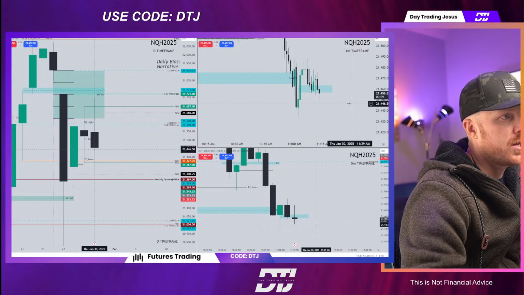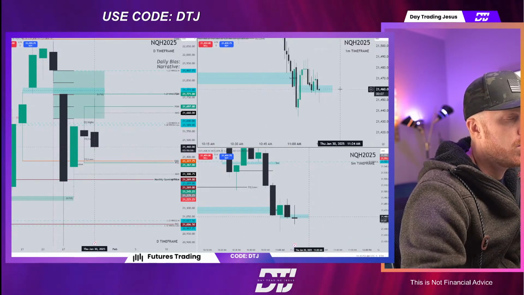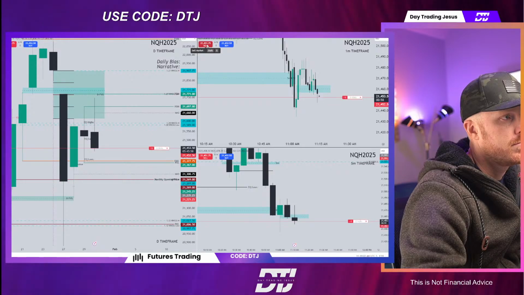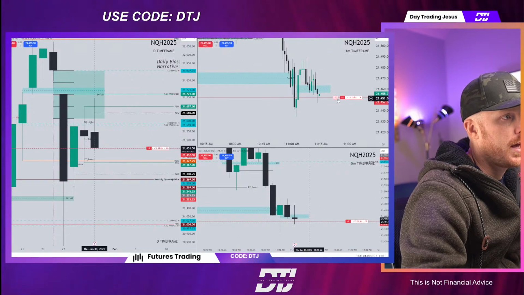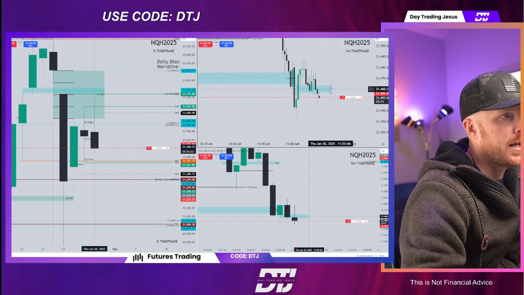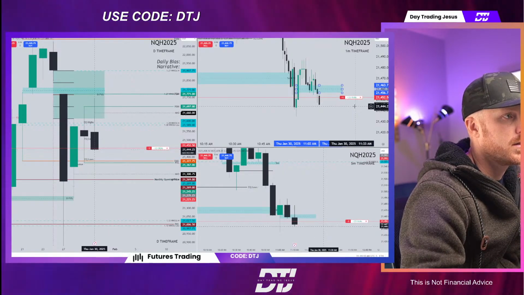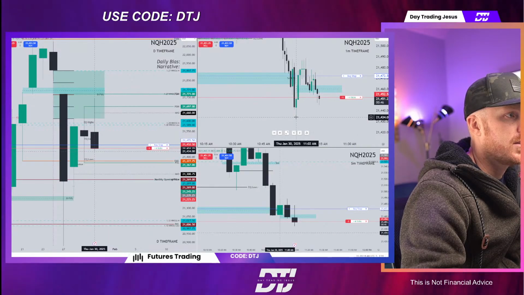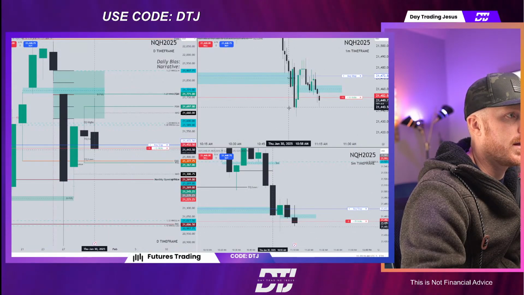I'll reduce it. I was going to go 2 contracts. I'll go 1 if it closes. Okay, we're going 1 contract, and this trade will be invalid if we close above this blue box. I'll be moving a stop to break even as soon as we run this low right there.